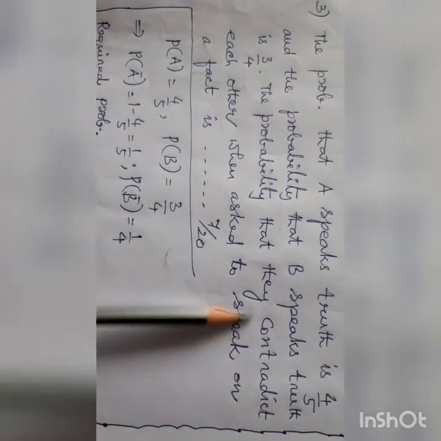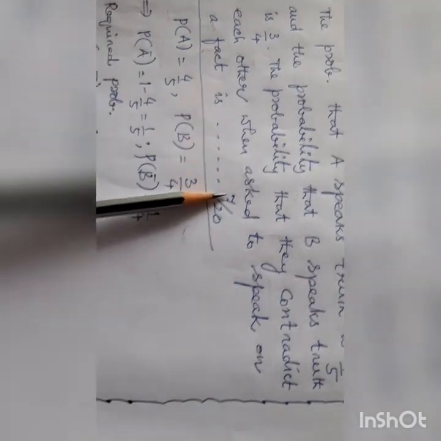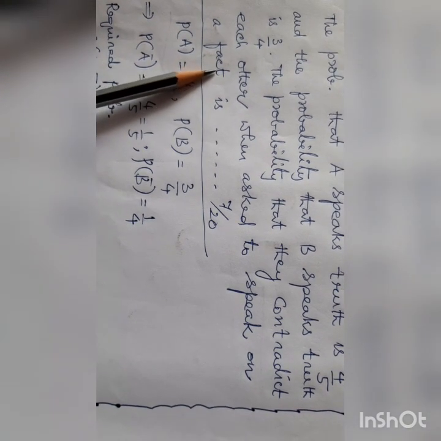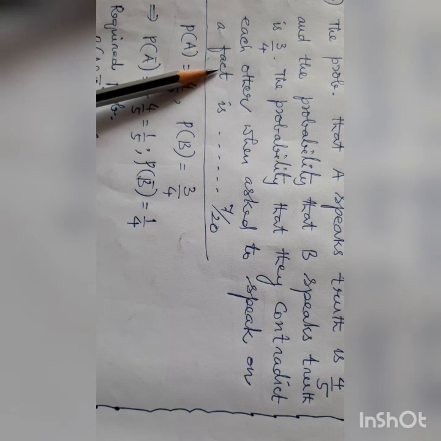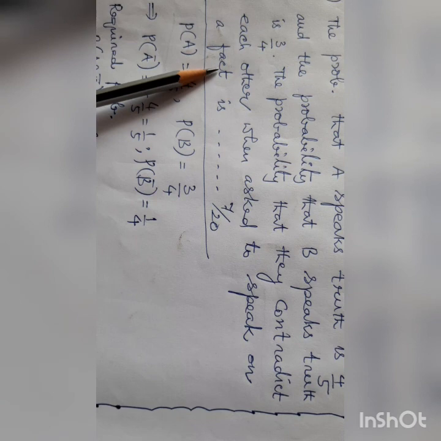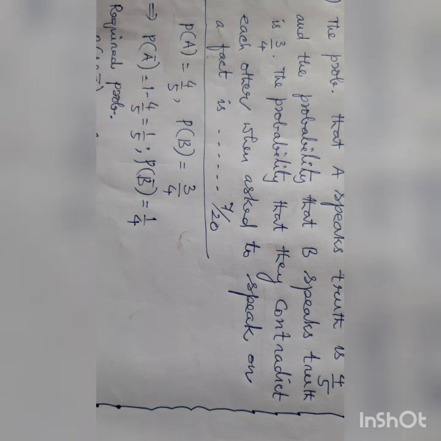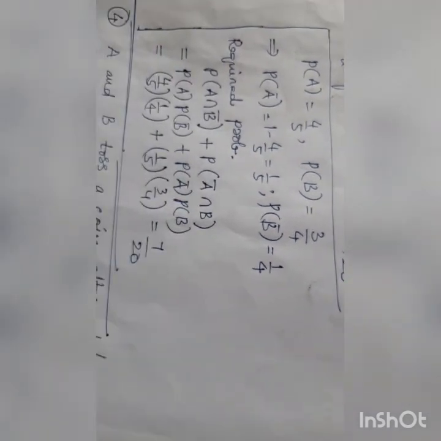So it means what? If A speaks truth, B doesn't speak truth, and if B speaks truth, A doesn't speak truth. If A speaks truth, B lies. If B speaks truth, A lies. That I have written like this.